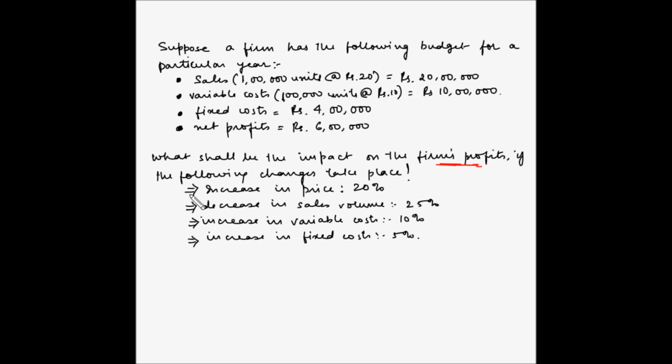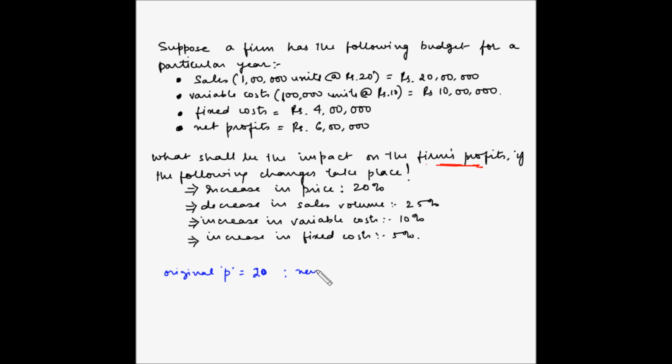So let's first find out the impact of these 4 new changes on the sales price, sales volume, variable cost, and fixed cost. So the original sales price, I'll denote sales price as P for each unit, is 20 rupees, and there is an increase of 20% on this sales price.